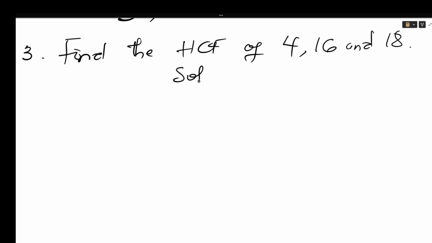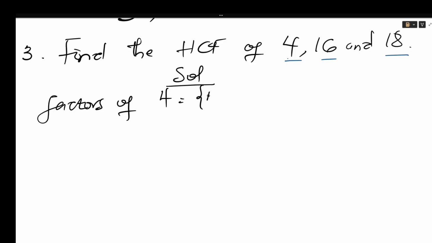So here is the solution. Now the question says we should find the HCF of 4, 16, and 18. The first thing to do is to list the factors of those given numbers. So we have our first number to be 4, and that is 1, 2, and 4, to be the factors of 4.